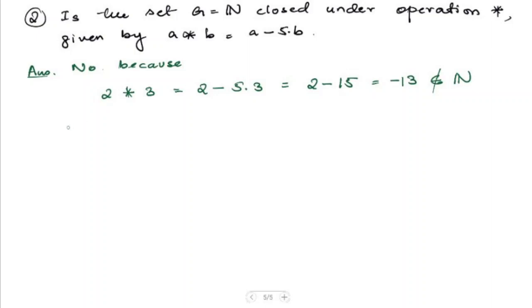So therefore, for A, B elements of natural numbers, A star B is not an element of natural numbers. So that's the proof.